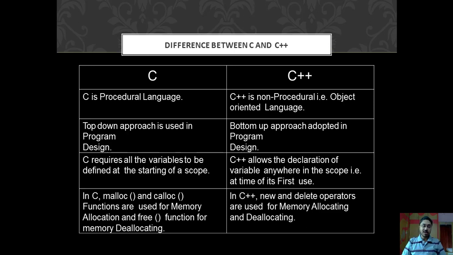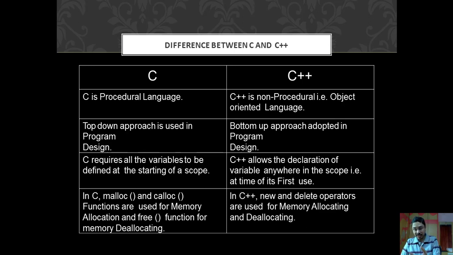Whereas C++ is object-oriented. Object-oriented in the sense that you have to think in terms of objects. Whenever you have a problem in front of you, you will not think in terms of functionalities, but in terms of objects.